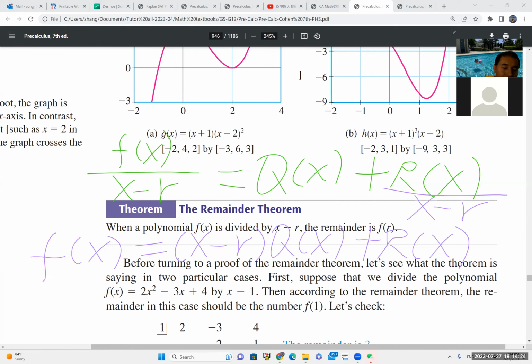So when we let x equal to r, x minus r goes to 0, so f of r equals 0 plus the remainder. So f of r just equals this remainder, right?